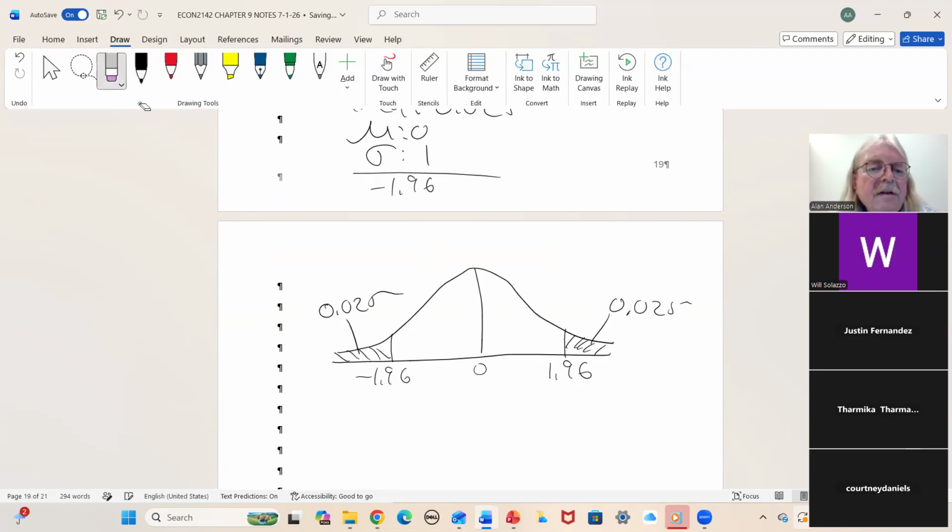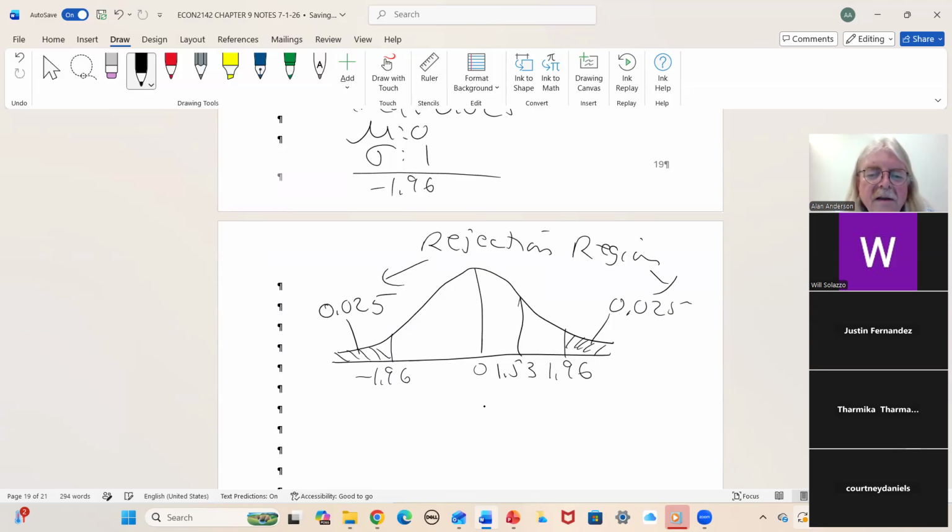So again, with the two-tailed test, the shaded regions are my rejection region. But remember, my test statistic was here somewhere, 1.53. And guess what? It's not in the rejection region.